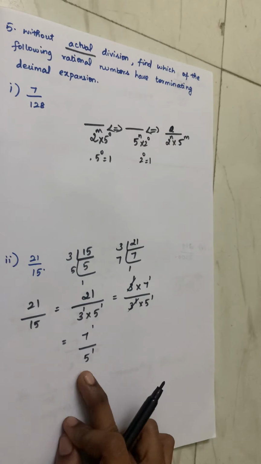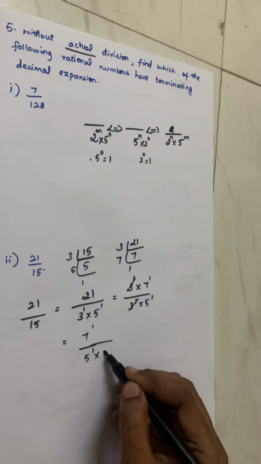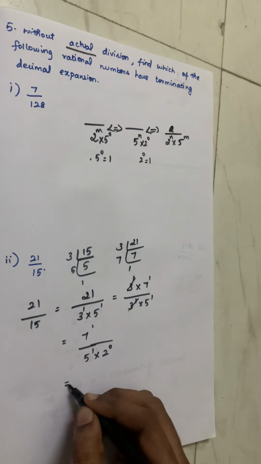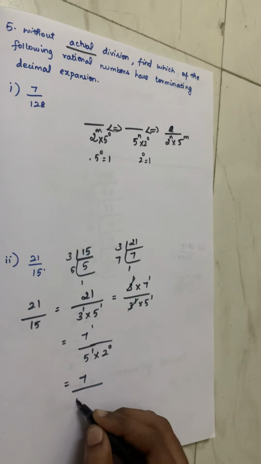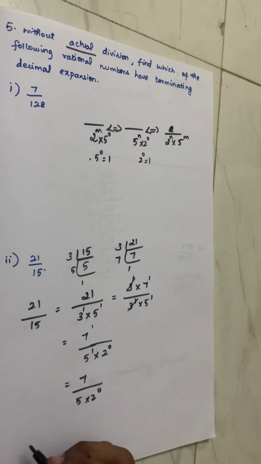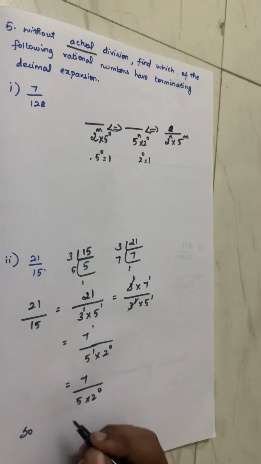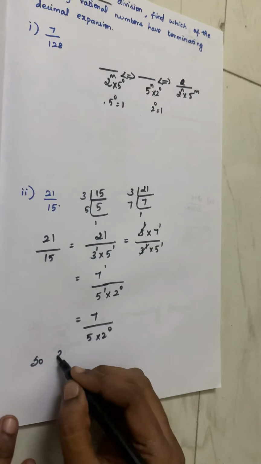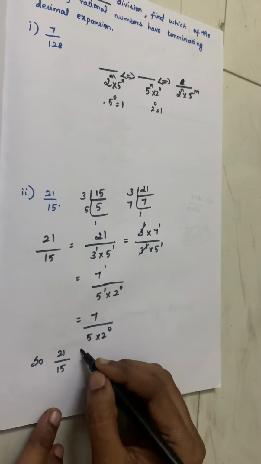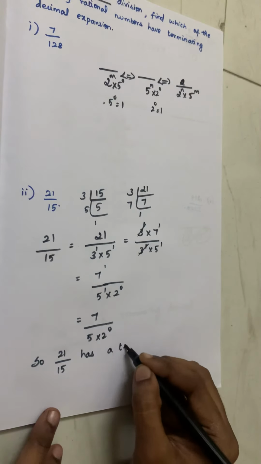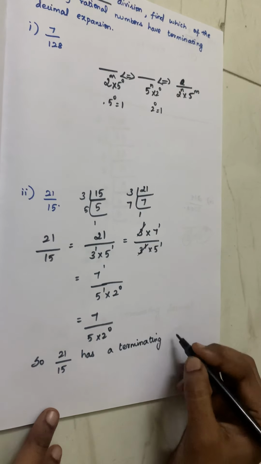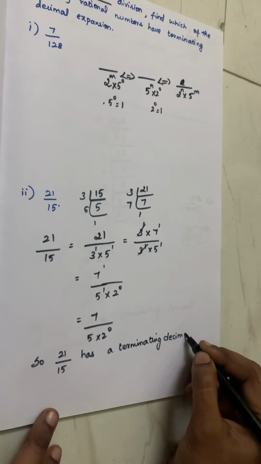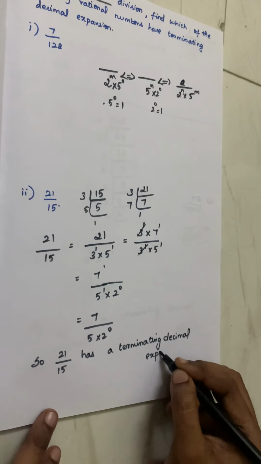As I said, if the answer is only in 5 power 1, you should multiply by 2 power 0. So the answer will be 7 by 5 into 2 power 0. So 21 by 15 has a terminating decimal expansion.